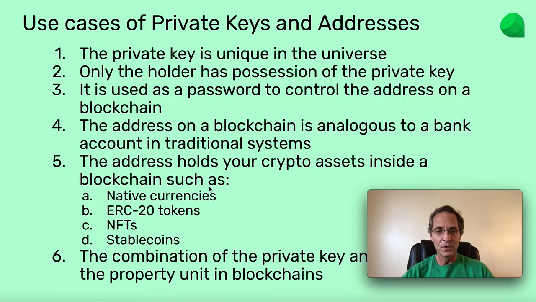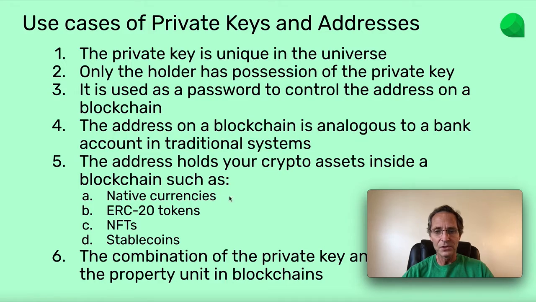The address on a blockchain is analogous to a bank account in traditional systems. So if you have a bank account at Citibank or Banco Santander or any bank in the world, you're going to have your account with a format. Usually it's eight digits, something like that. That is the account under which you have your money in the bank. It's the same thing in a blockchain.